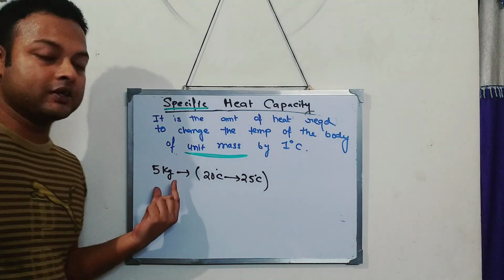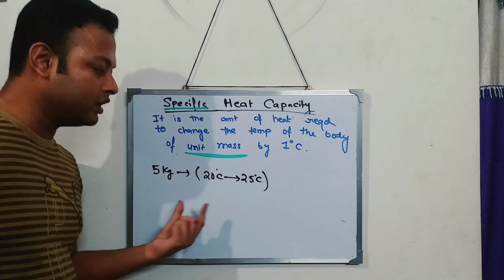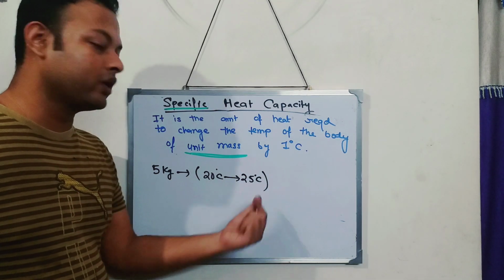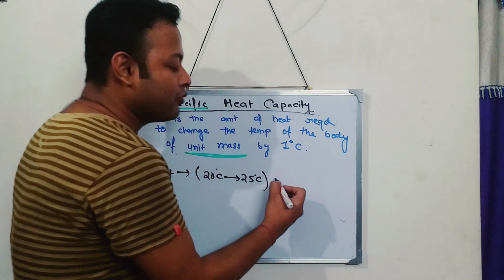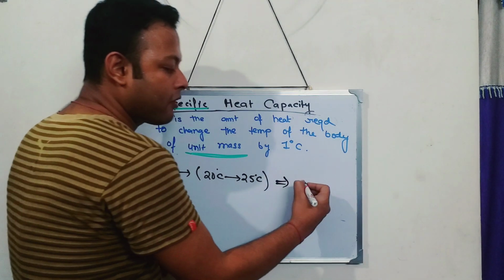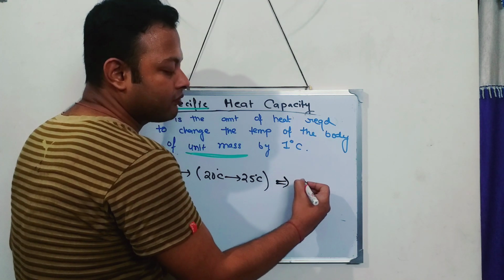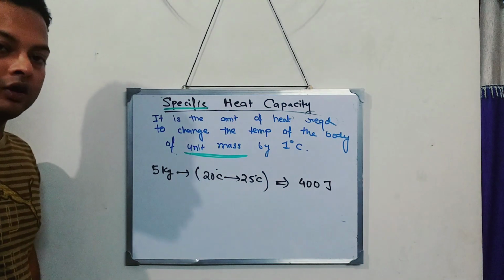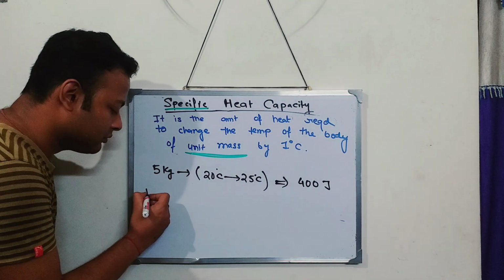So a body of mass 5 kg has to increase the temperature from 20 to 25 degrees centigrade. And the amount of heat required to do this is say 400 joule.